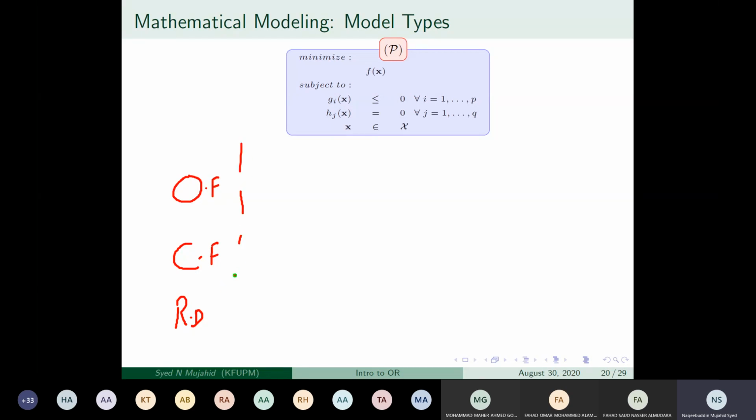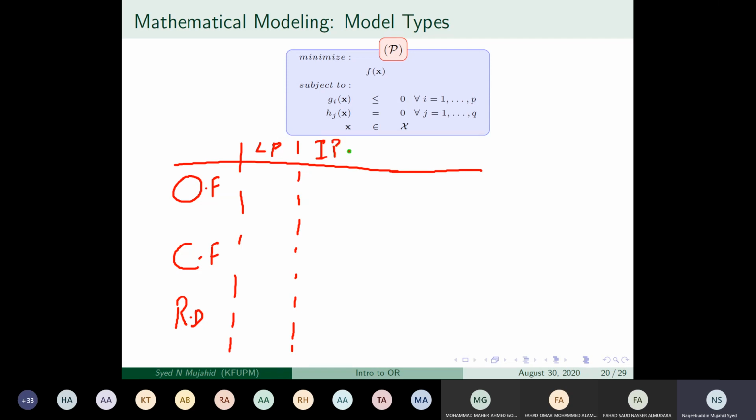And then in the last class we did the small matrix to see how different models can be fit here. Okay, we were interested in these models: linear programming. And then we had integer programming.